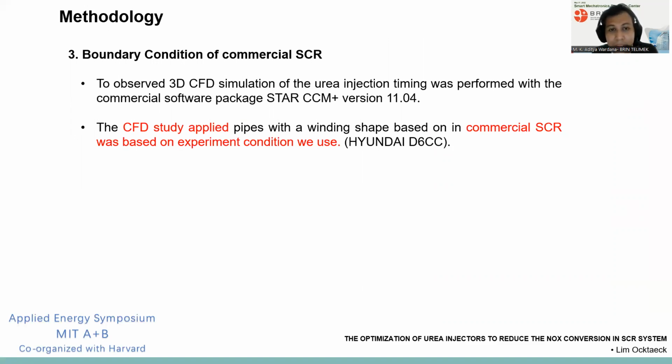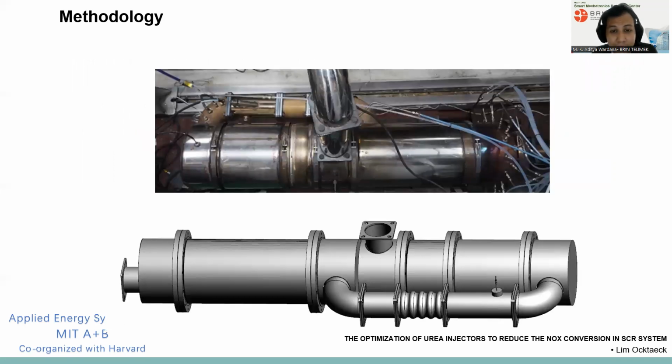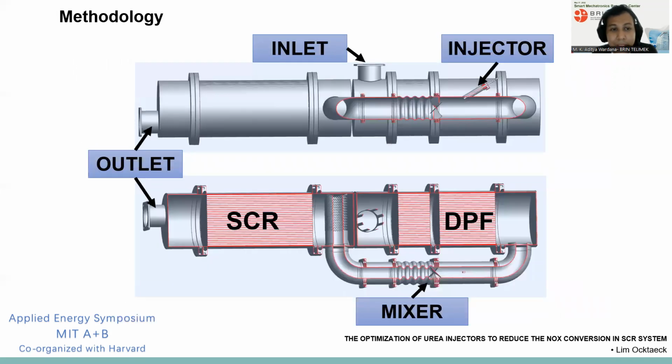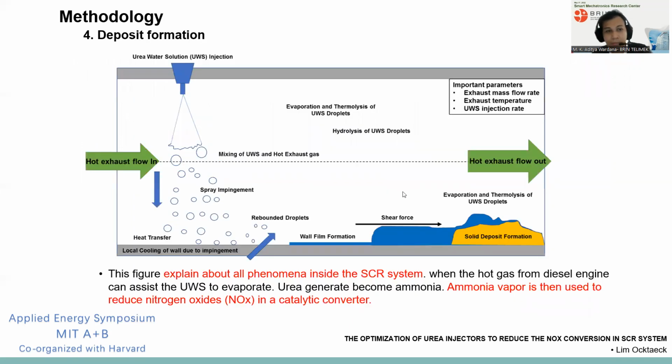The specification of the simulation and experiment is similar, even the size and the distribution from the inlet. This is the position of the system: the injector, the inlet, the outlet, the SCR catalyst, and the DPF catalyst.